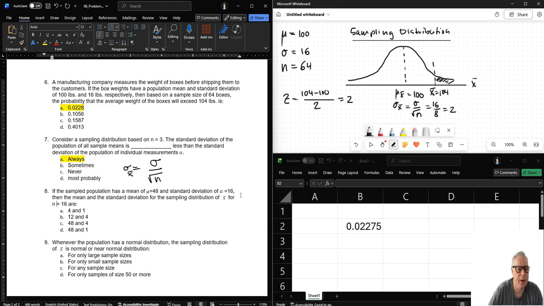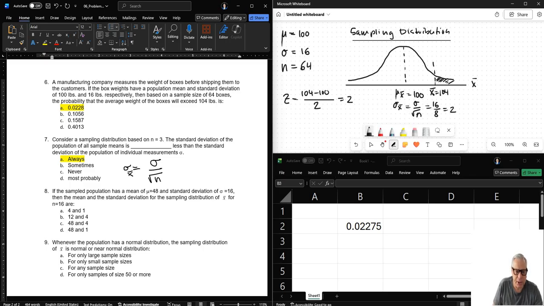Okay, so now what we know is that the mean in the population is 48, but the mean is an unbiased estimator, so the mean of the sampling distribution is also 48.